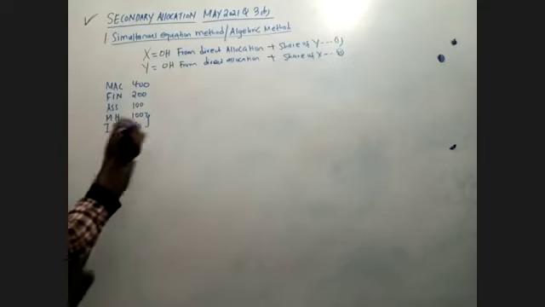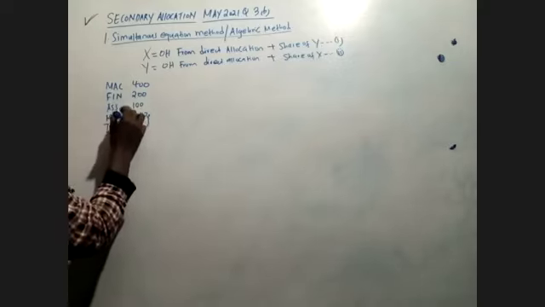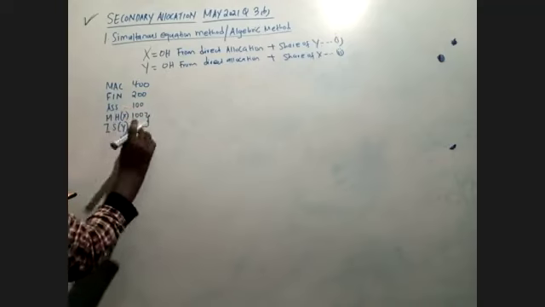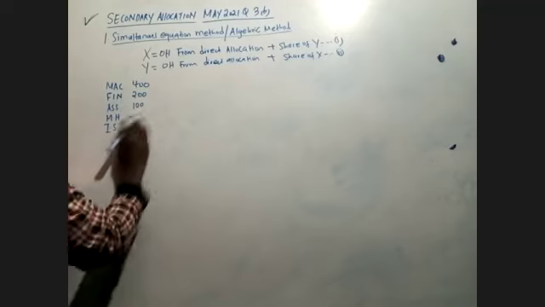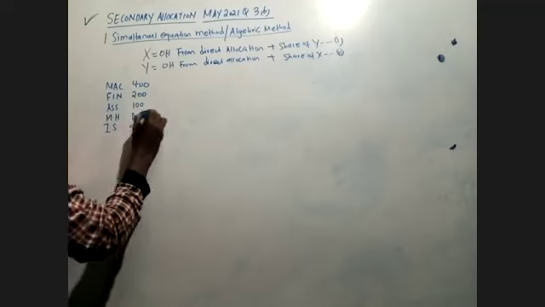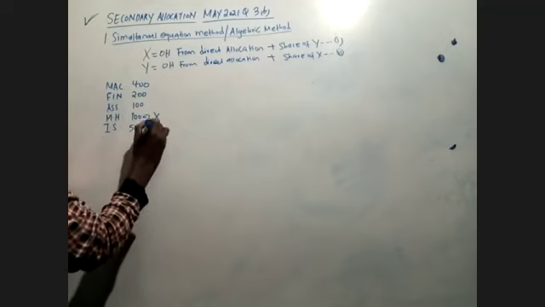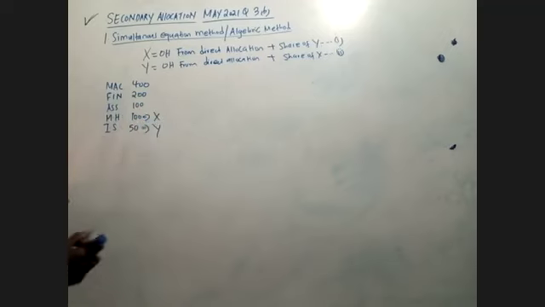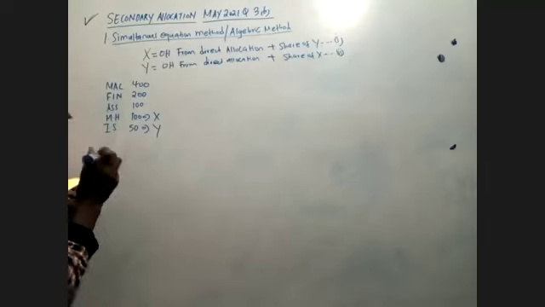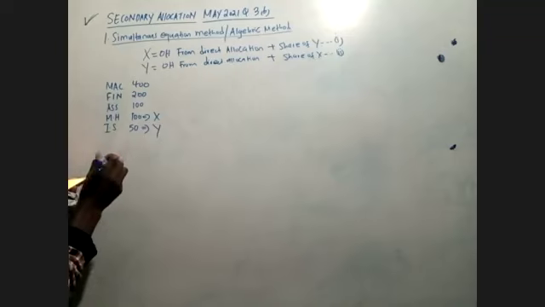Now let us call MH X na inspection Y ndio ikuwe rahisi. Hii tumesema ni 100 na ni 50. So MH tuseme ni X na inspection tuite Y. Alafu we have another thing here. I'm interested with this part sana.